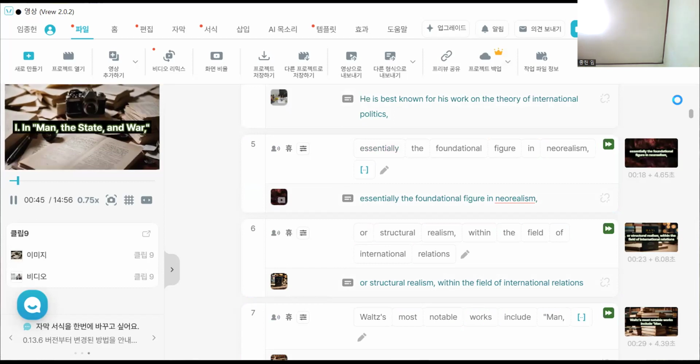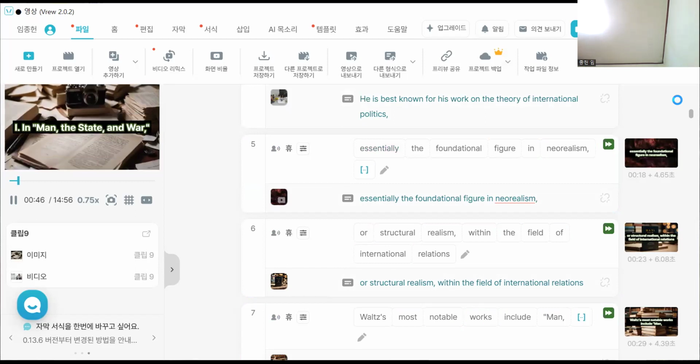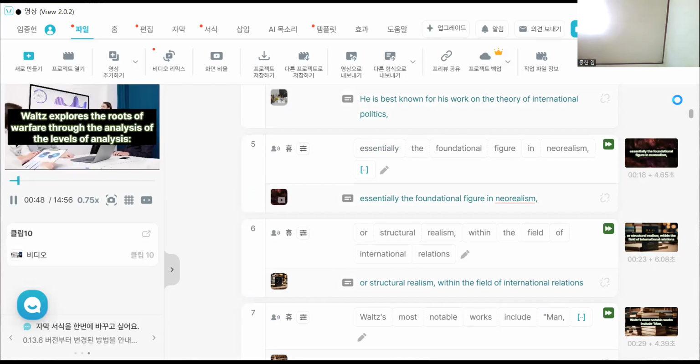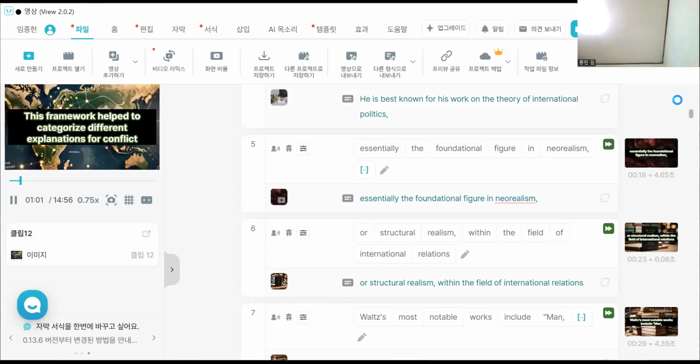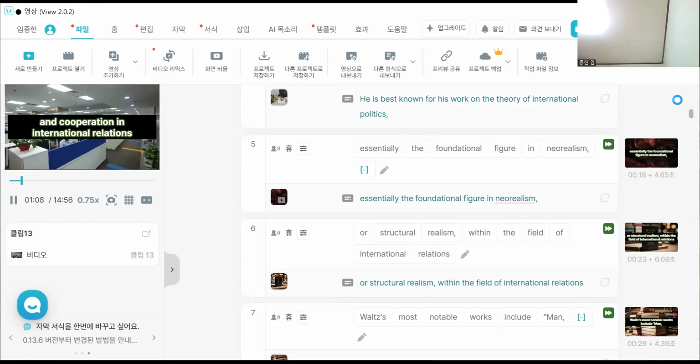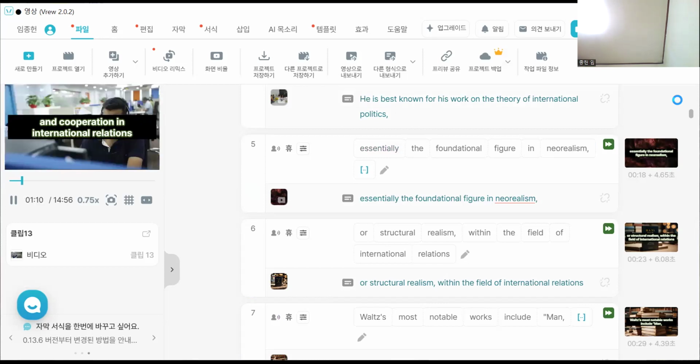In Man, the State and War, Waltz explores the roots of warfare through the analysis of the levels of analysis: the individual, the state, and the international system. This framework helped to categorize different explanations for conflict and cooperation in international relations.